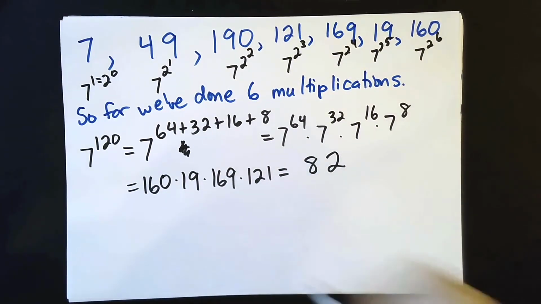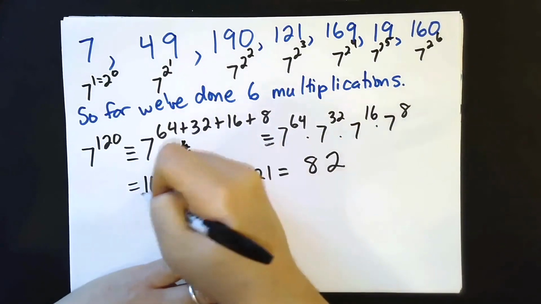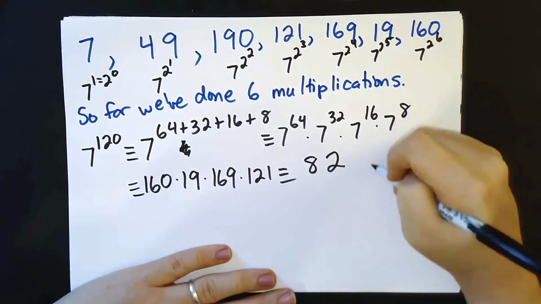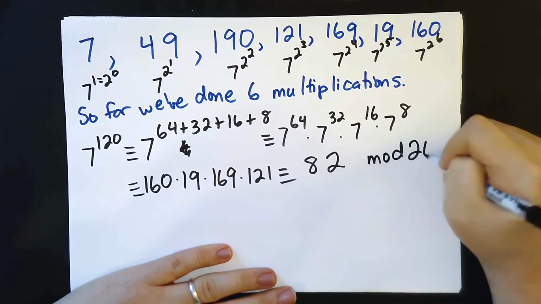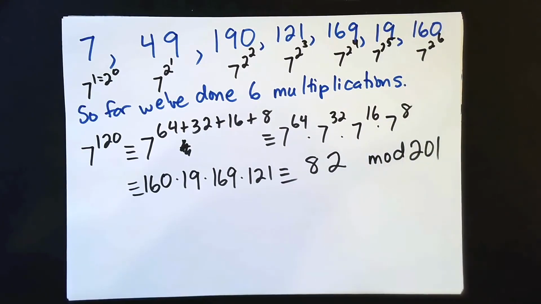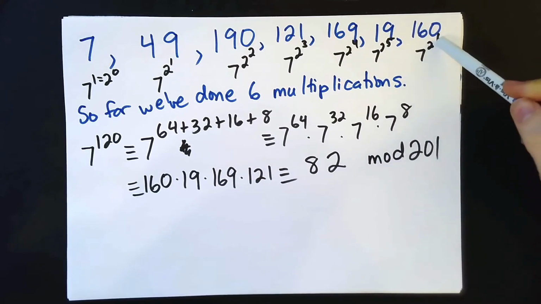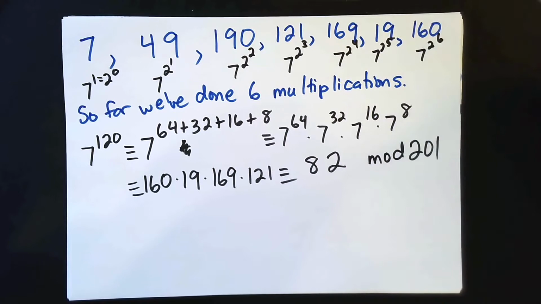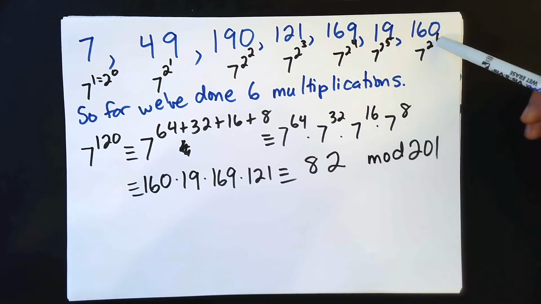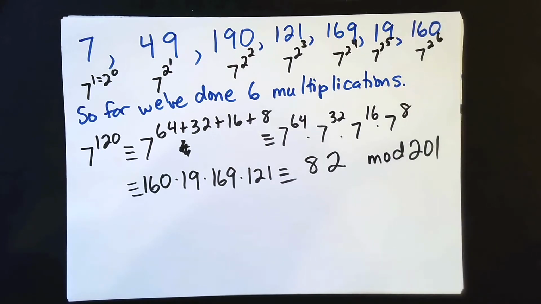And I want to remind you, every single calculation here is happening mod 201. And that's really important because 7 to the 64th power is a pretty large number. It is more than 30 digits. I don't want to think about what 7 to the 64th power actually is. I certainly don't want to write down the digits of it.